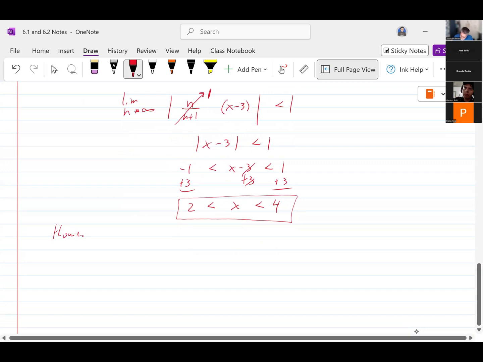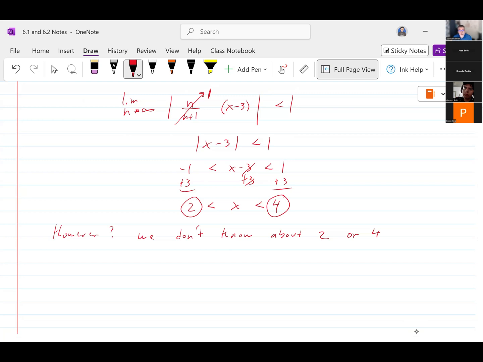However, we don't know anything about the endpoints. Does x equals 2 cause a convergent series, or does 4? I don't know anything about the endpoints.